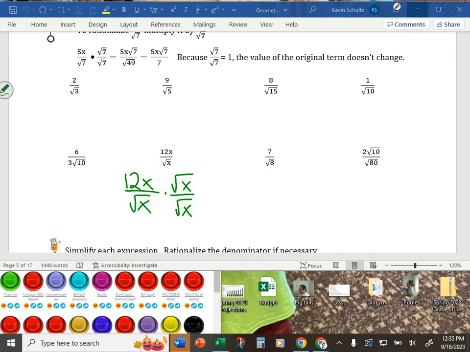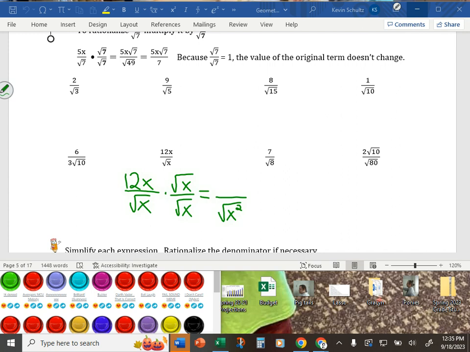Because, as we saw in part 1, our denominator would become the root of x squared. And what do we like about the root of x squared? It's just x. It's a perfect square. Whenever you multiply something times itself, you'll always get a perfect square as a result. And that's what we're going for here.